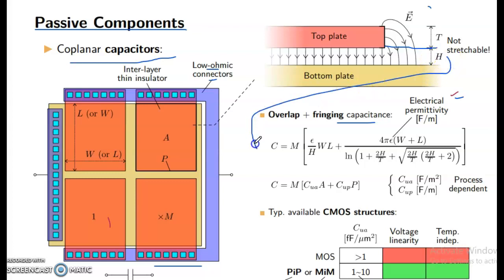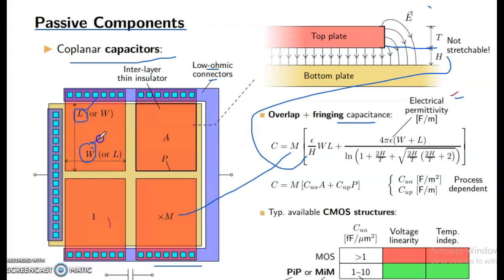So this is the H. M is from here. Epsilon WL. This is L or W. We can consider now, this is W or L.